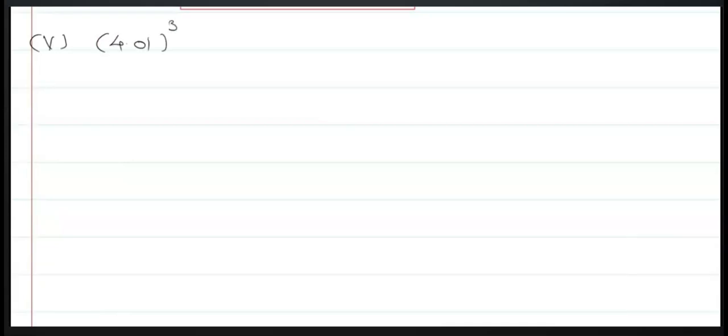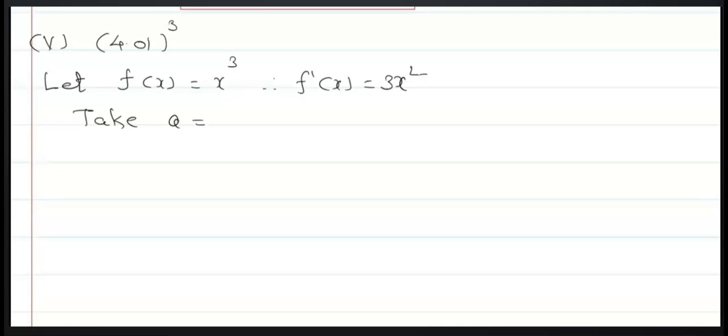Now example number 5, 4.01 raised to 3. Let f of x is equal to x raised to 3. f dash of x is equal to 3x square. Here a is equal to 4 and h is equal to 0.01.